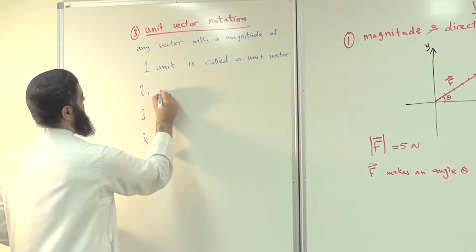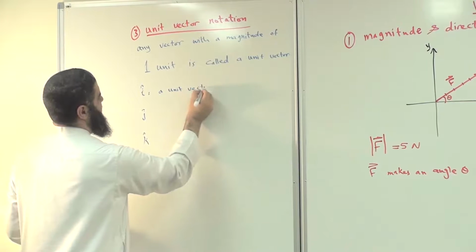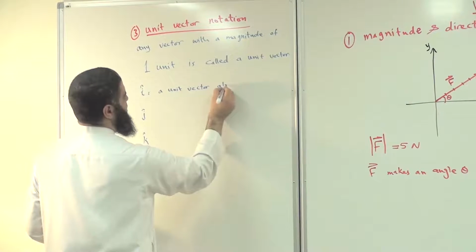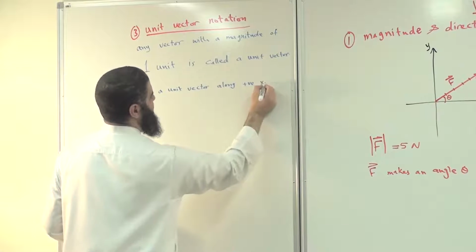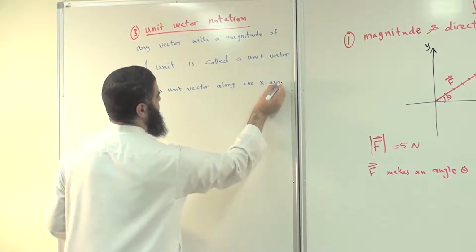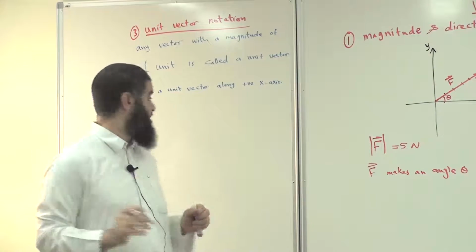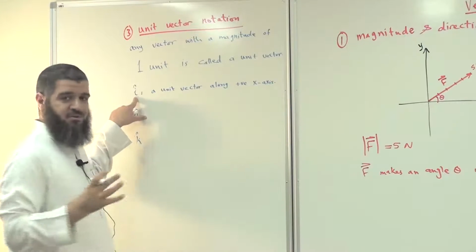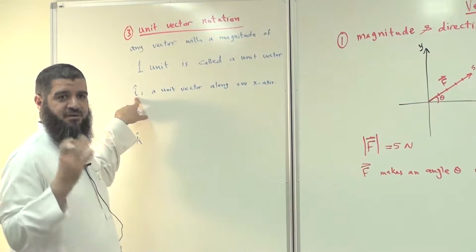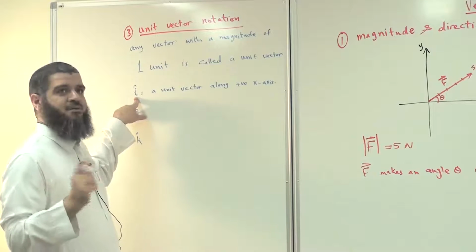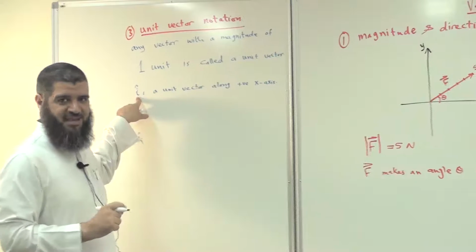It is a unit vector along the positive x-axis. Okay, so the positive x-axis unit vector, we give it a special name. The name of that vector is i. So when you see i vector, you should have in your mind, oh, this vector has a magnitude of 1 and its direction is the positive x-axis.